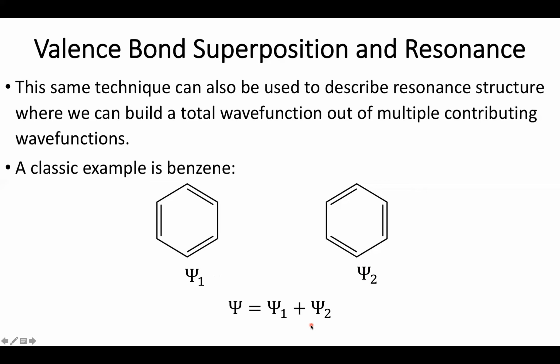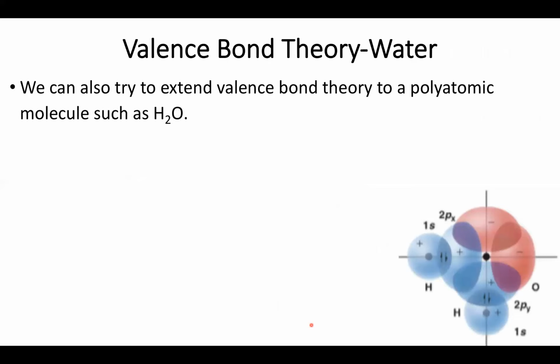So before we finish today, I want to go ahead and extend valence bond theory to a very straightforward and important idea. It's about time we actually build up those polyatomic molecules like benzene. And in order to do this, we're going to start with a simple molecule, water. So the major idea is what we've done before.